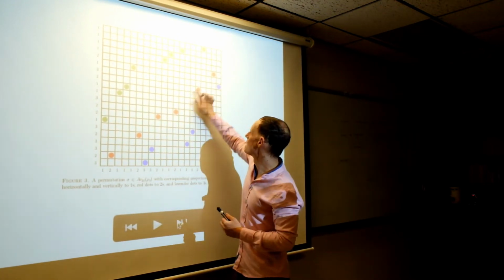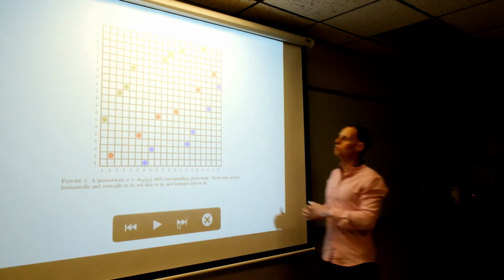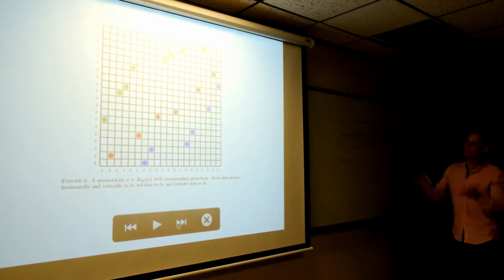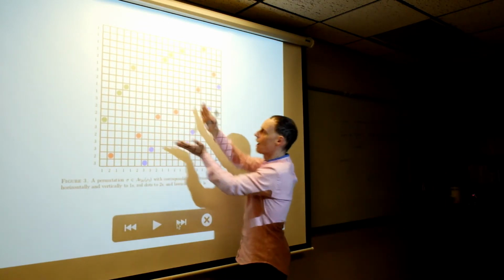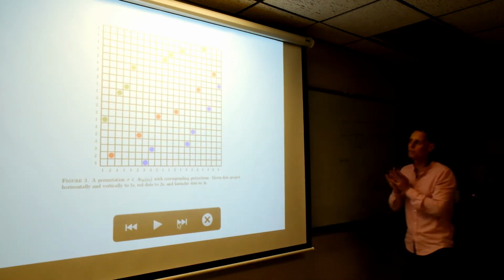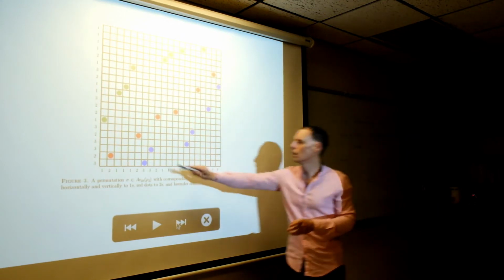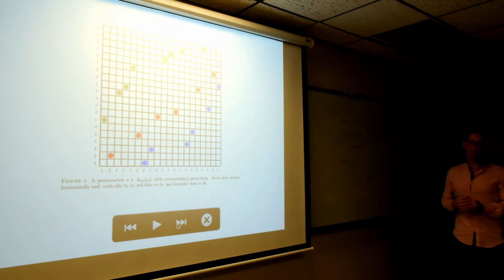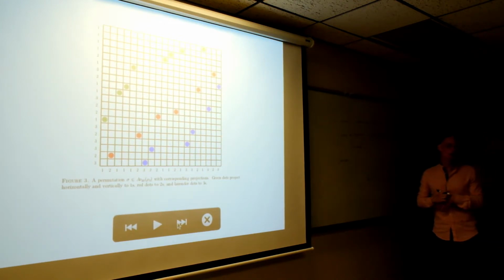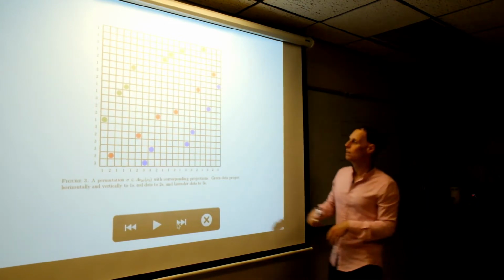These are the ones that, to the northwest of them, only had dots that were colored green in the previous round, and then the blue dots are the ones that are labeled 3, and those are the remaining ones.